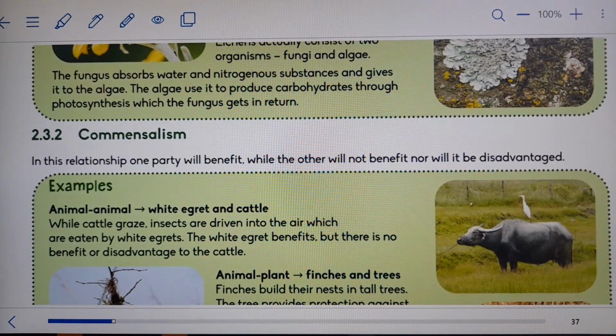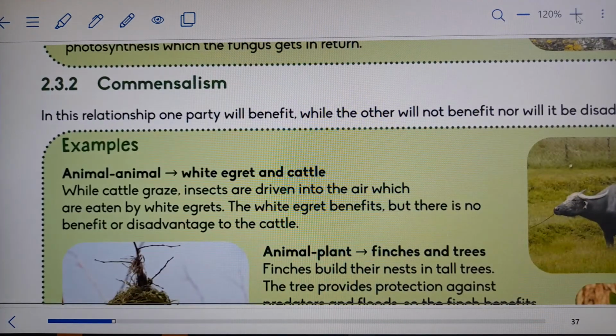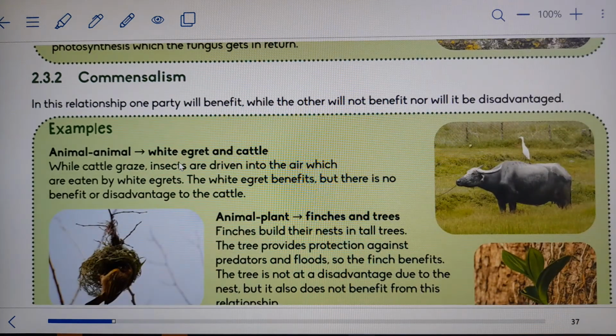We are back. The first type that we're looking at of commensalism is animal to animal, and the animals we have are the white egret and a cattle. While cattle graze, insects are driven into the air, which are eaten by white egrets. The white egret benefits, but there is no benefit or disadvantage to the cattle.